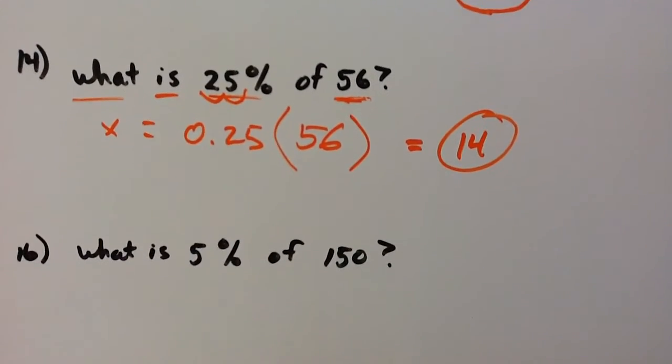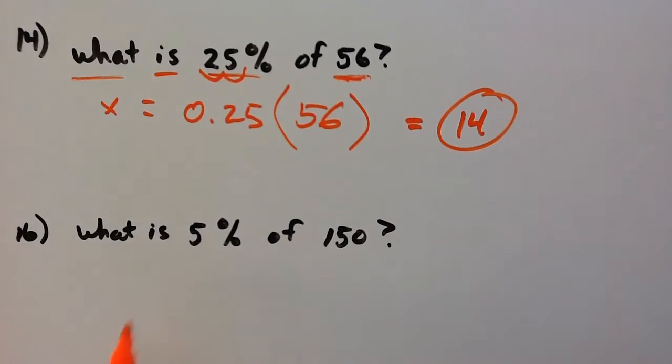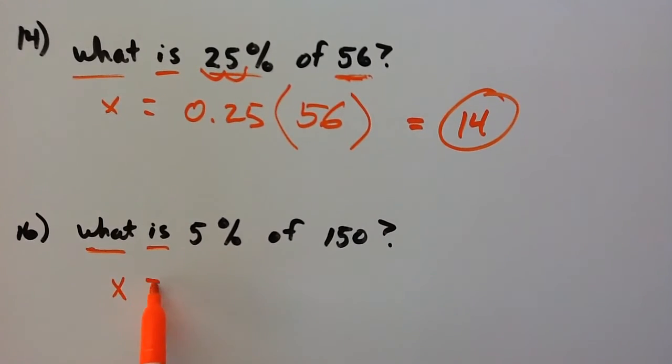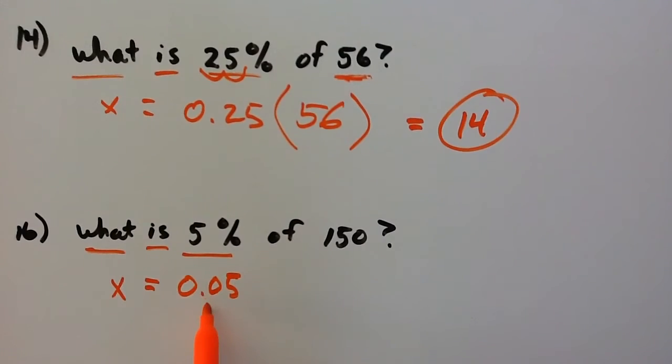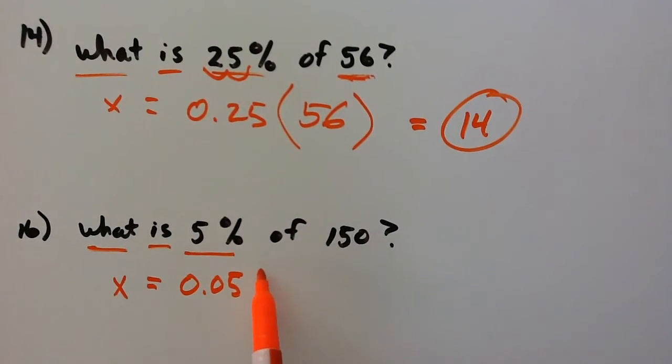Next example: what is 5% of 150? "What number" is going to be x, and "is" means equals. To write 5% as a decimal, I divide by 100, or move the decimal 2 places to the left. That's 0.05. "Of" means multiply, and I'm multiplying by the whole number, 150.